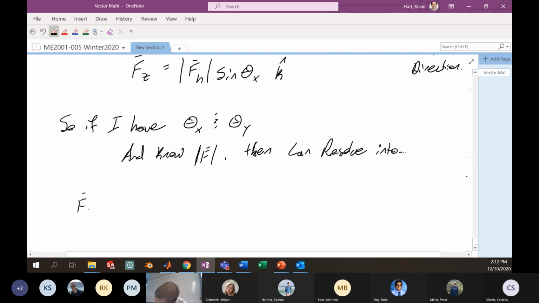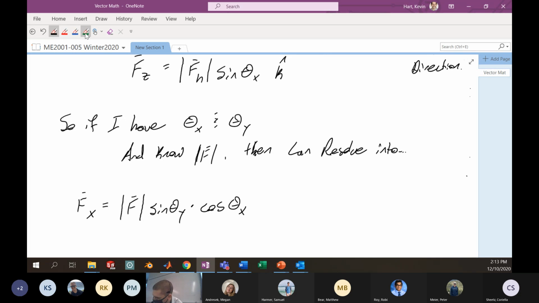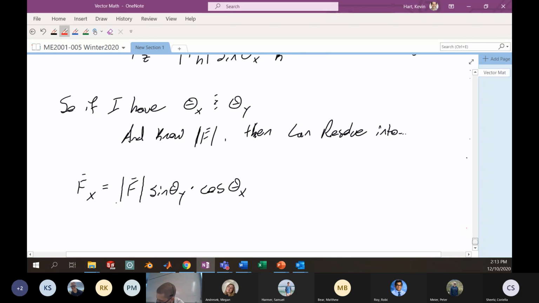Something like the force in x is the magnitude of this force F multiplied by sine theta y, multiplied by cosine theta x. Here's the general idea. Because we know this is my Fh, magnitude of Fh, multiplied by cosine theta x, right?